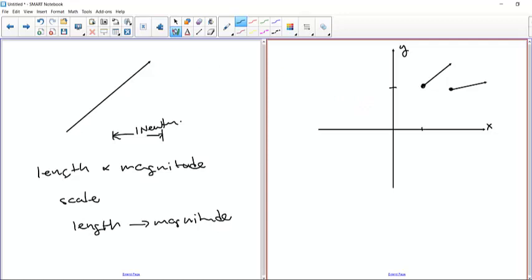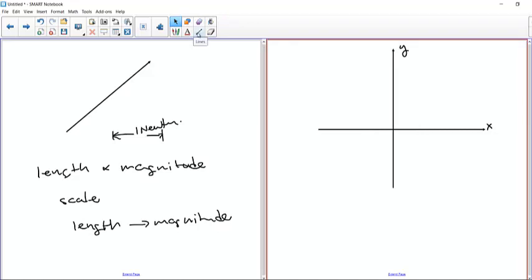Okay, so a lot of times you think of vectors as the length being distance, but the length is proportional, using some kind of a scale, to the magnitude, and where the vector is placed depends upon where in the coordinate system you're located.